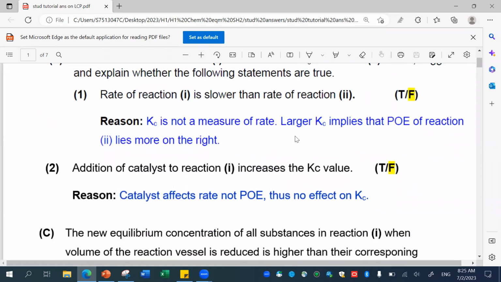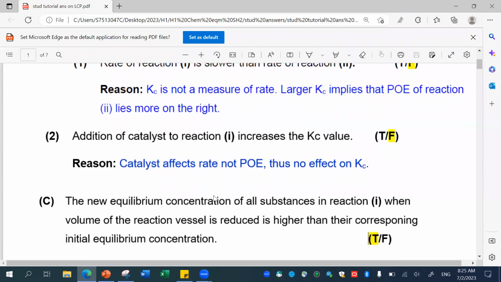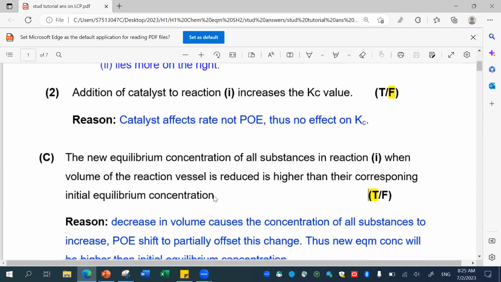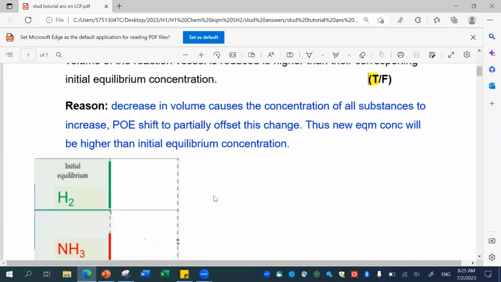I think it's the C statement which is more challenging. Some of you say false, some of you say it should be a true statement. And I need you to recognize that it is partially offset.